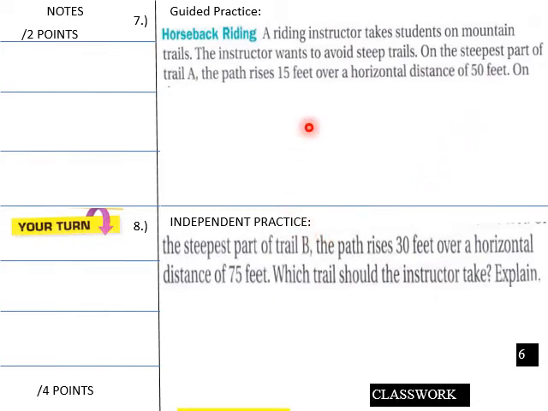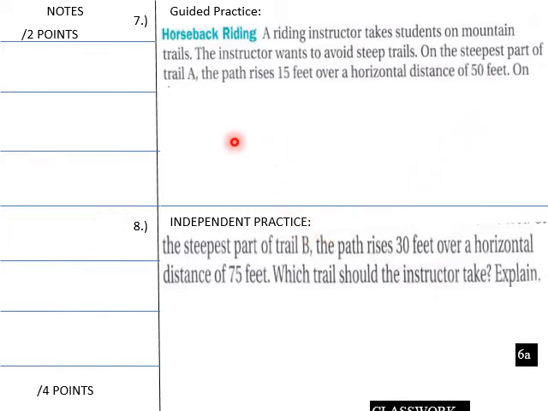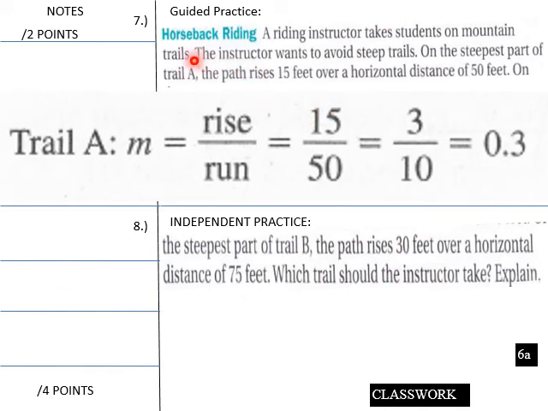So for trail A, m equals rise over run, which is 15 feet over 50 feet, which is 0.3, simplifying to 3 over 10. So we have a 0.3 rise over run slope here.